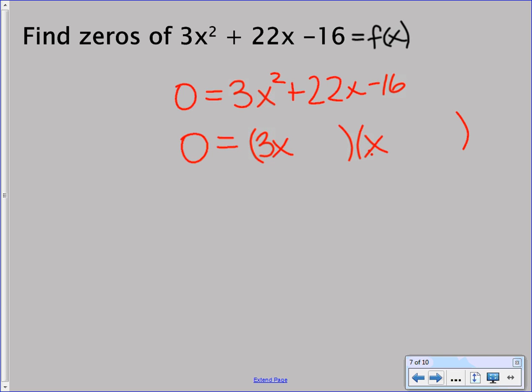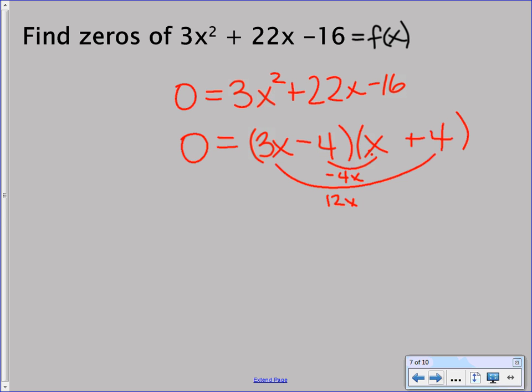If we do 4 and 4, they multiply together to be 16, correct? What is 3x times 4? 12x, and what's negative 4 times x? Negative 4x. Does that get us the 22x?